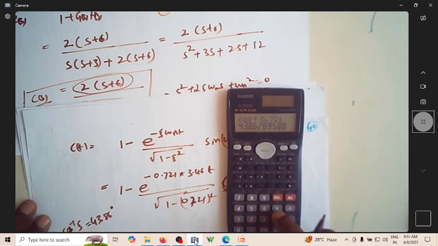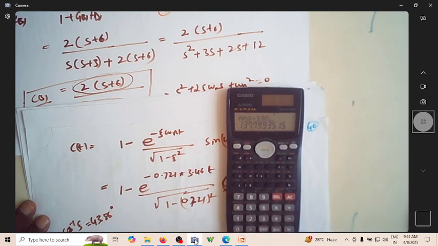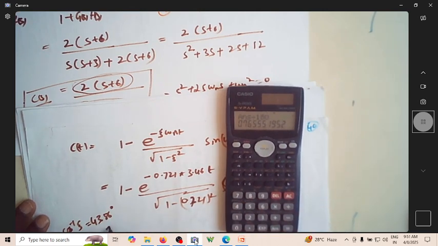Now multiplying by pi divided by 180, this happens to be 0.765 radian.